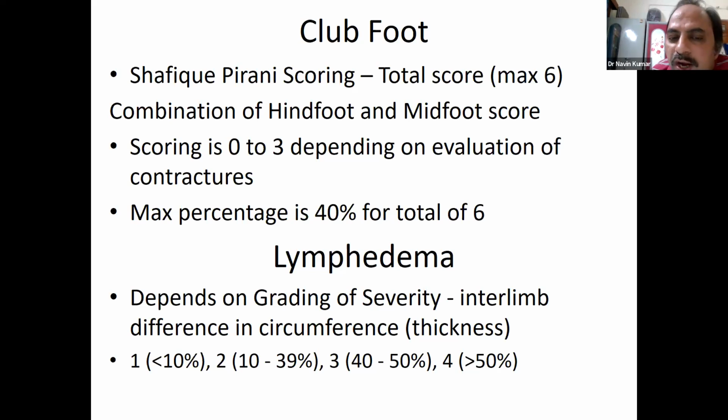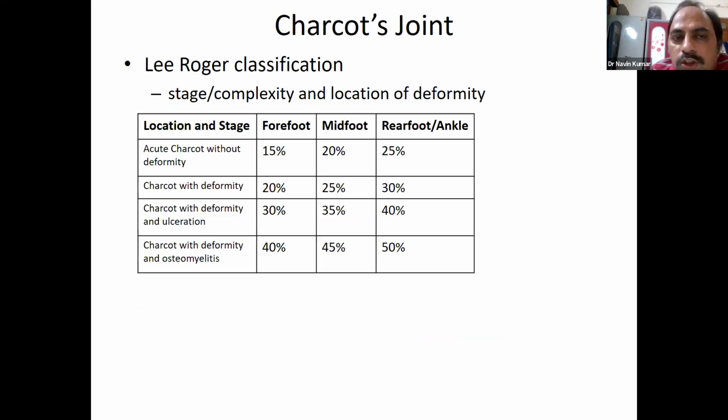And then lymphedema is a new category which has been included, and in this we have to measure the interlimb difference in circumference. So if it is less than 10, we have to give a grading 1, 2, 3, 4. Accordingly, percentage of disability can be given. So the severity should be either grade 3 or grade 4. Then for Charcot joint, this is also a new category.